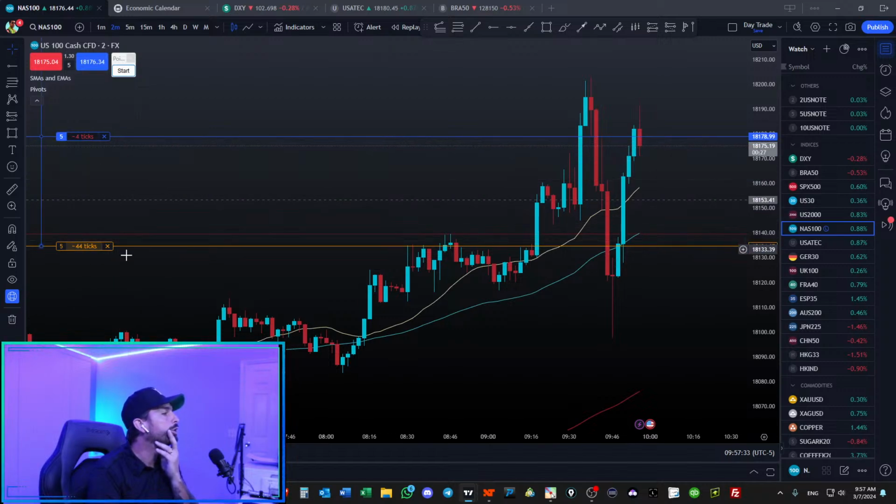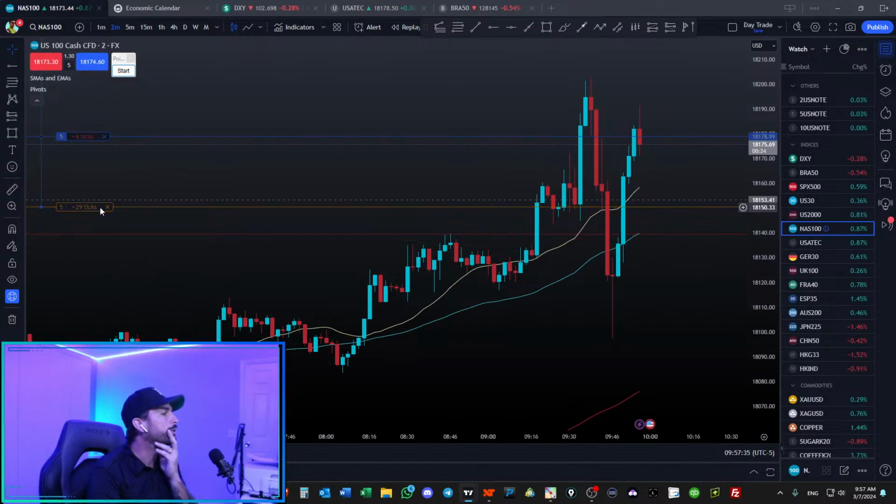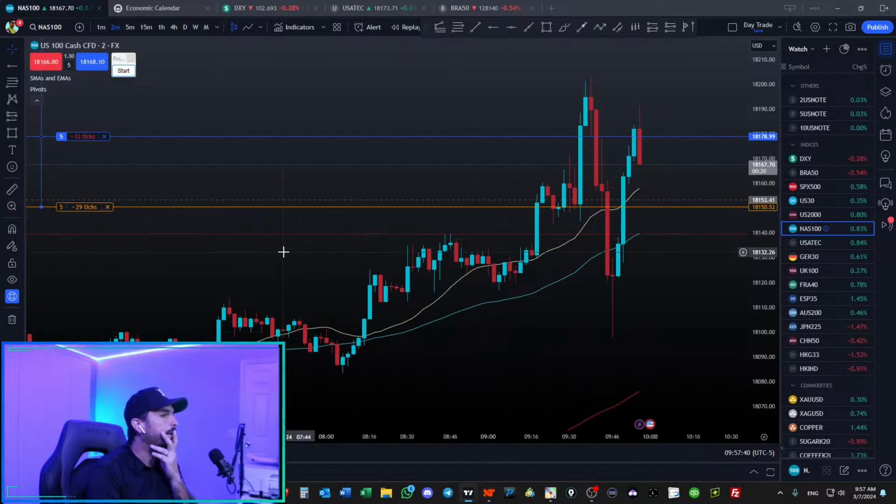Since we entered late, we're not going to keep our stop here. We're going to put my stop a little lower. So if it takes me out here, that's fine.